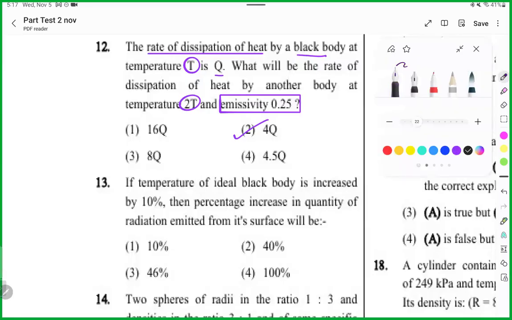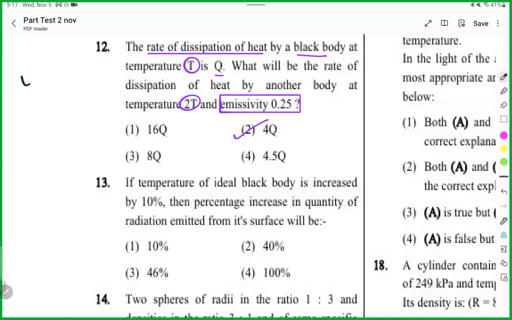Now we have solved question number 12. If you calculate your rate of dissipation of heat, actually the rate of dissipation of heat is energy per unit time.